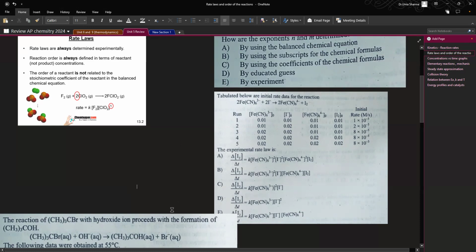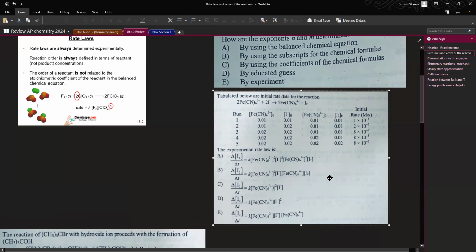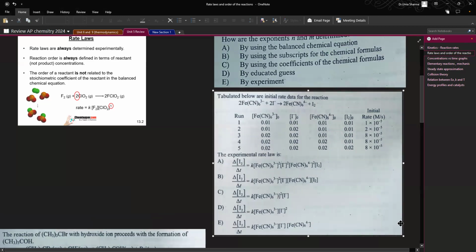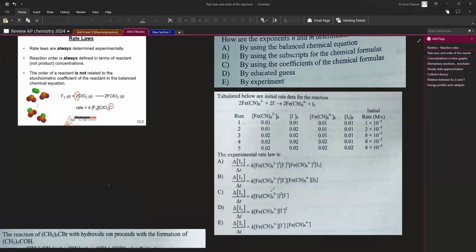Ready for the next question? So this one. Naisha is saying C. Okay, let's see. How come it is C? Kiki is also saying C. Ashita is saying C. So first of all, you assume the rate law. Rate law is k times the concentration of this reactant, raised to power x, and the concentration of I minus raised to power y.